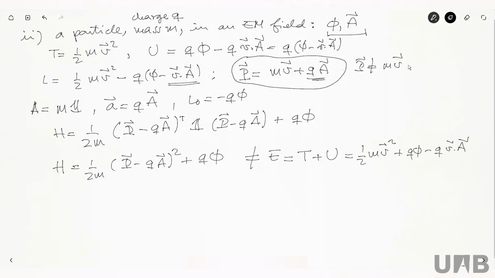If I call this thing little p squared, so little p is nothing, it's just a definition of m times v. This little p is no longer the canonical momentum. The energy is p squared over 2m plus q phi minus little p divided by m times A. And this is not this.